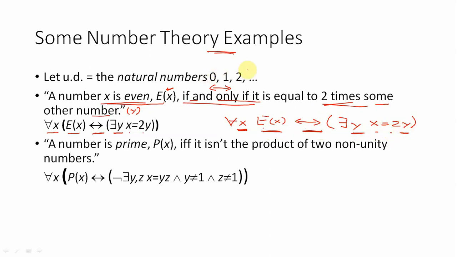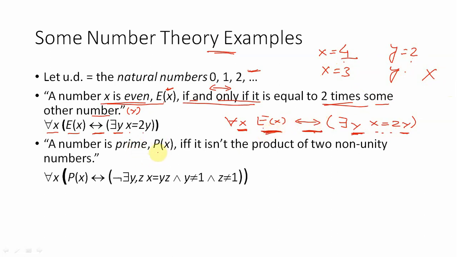This is the set of natural numbers. Let's take a simple example. Let us say x is equal to 4. E of x is true if and only if you can find a value of y, let us say 2, such that x is equal to twice y. If let us say x is equal to 3, can you find a value y such that x is equal to 2y? No. So this is false.